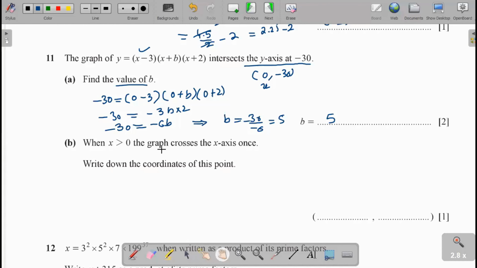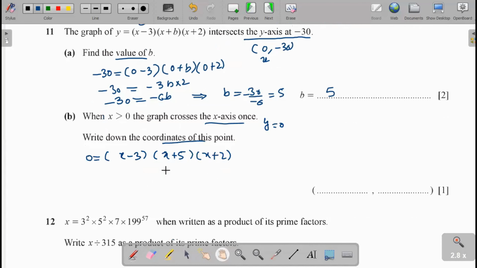Now when x is greater than 0 the graph crosses the x-axis once. Write down the coordinates of this point. When the graph crosses the x-axis the y will be 0. Therefore, we substitute the value here: 0 equal to x minus 3, x plus 5, x plus 2.